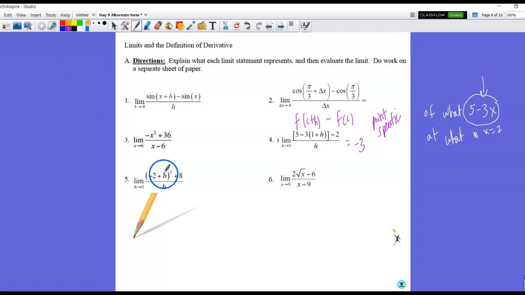In number 5, I see a number and I see a number, so if this is a derivative statement, it's going to be point-specific. It looks like an f of c plus h minus f of c, and don't let that plus throw you. Remember, we talked about the minus and negative.